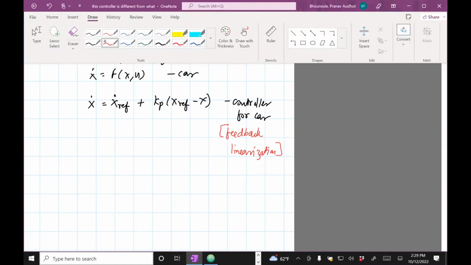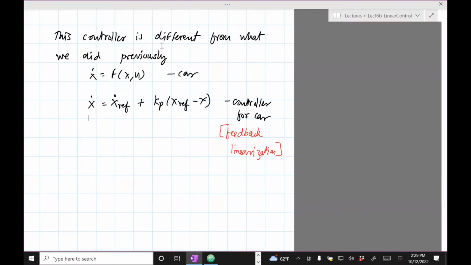We can actually show that this does what it's supposed to do, and it tracks x ref by doing a simple transformation. We can move the things on the right side to the left side. So we have x dot minus x dot ref equals kp times x ref minus x.